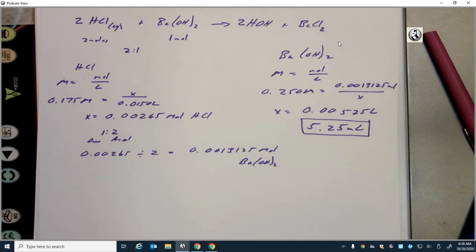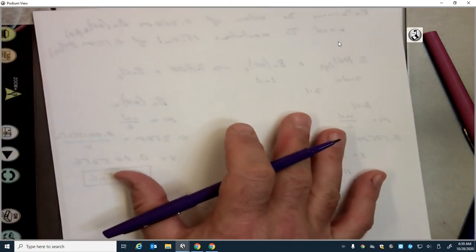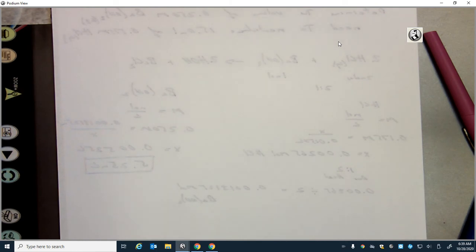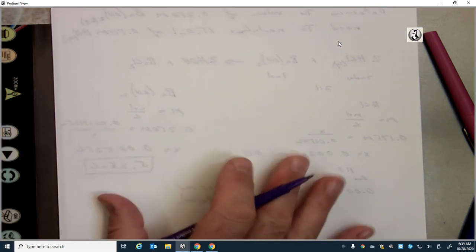All right, let's try another volumetric analysis that's not with acids and bases. So let's try this.